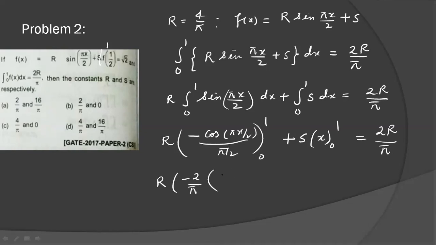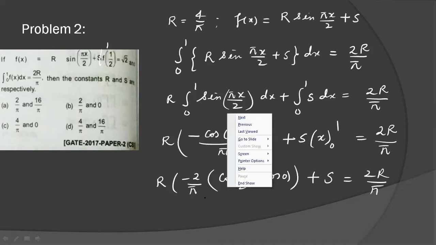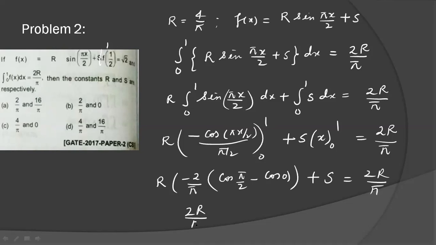If you put x equal to 1, you will get cos pi by 2. If you put x equal to 0, you will get cos 0. You can see that cos 90 is 0 and this will be minus minus plus. So it will be 2r upon pi plus s equal to 2r upon pi. It means s equal to 0. So the correct answer is option C, when r is equal to 4 upon pi and s equal to 0.